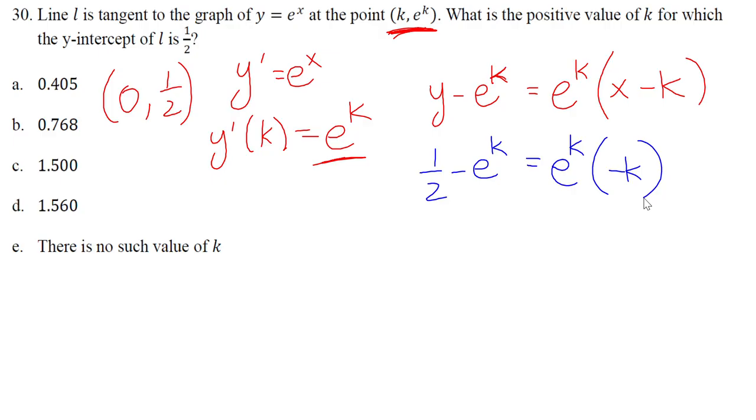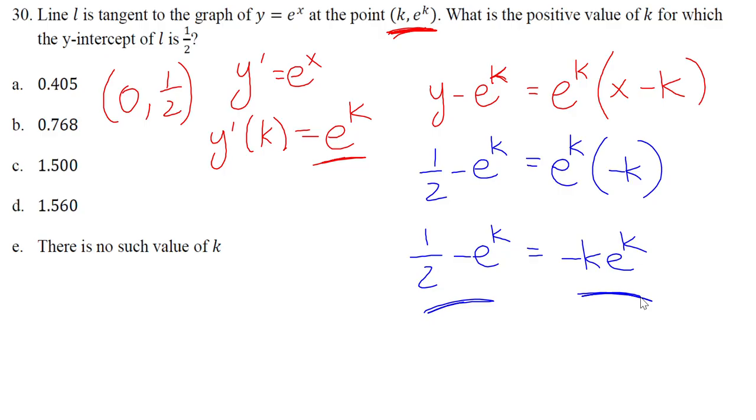So now we have a couple options as to how to solve this. I'm just going to leave it in this form. 1/2 minus e to the k is equal to negative k e to the k. And I'm just going to graph each of these two things on my graphing calculator, replacing the k's with x's. And then I'm going to look for their point of intersection.